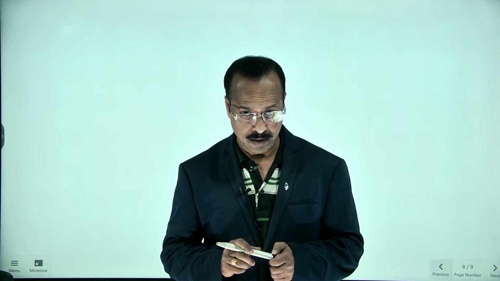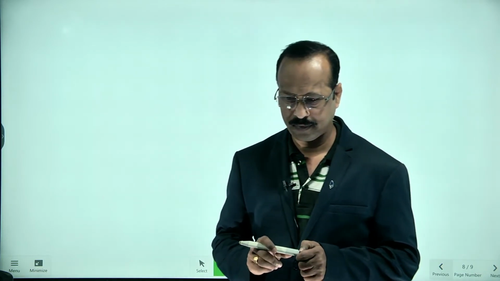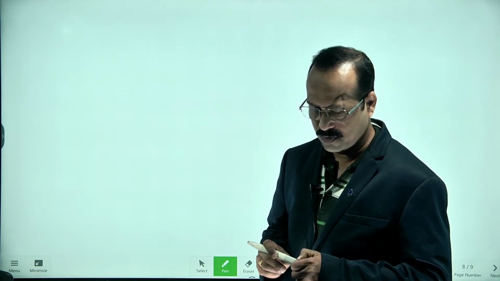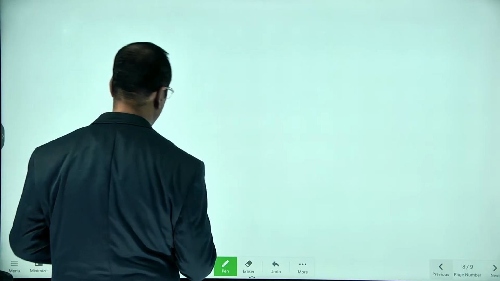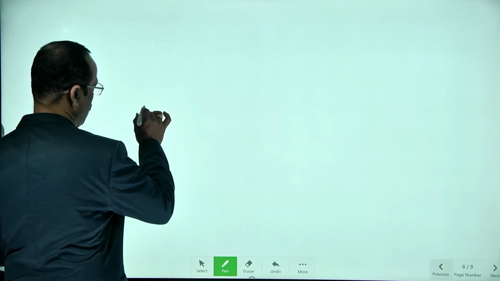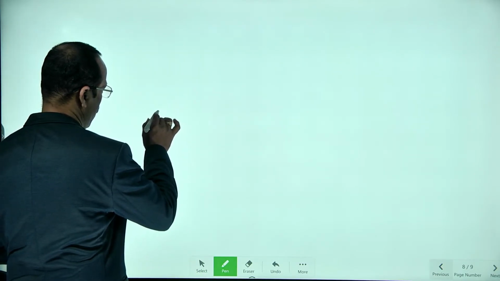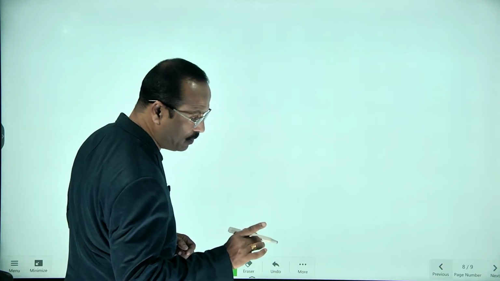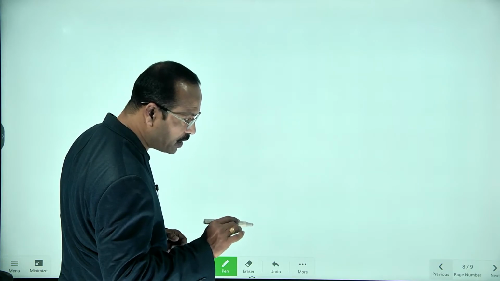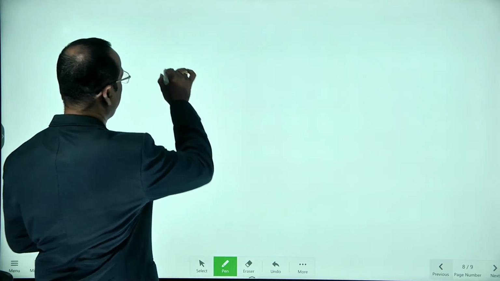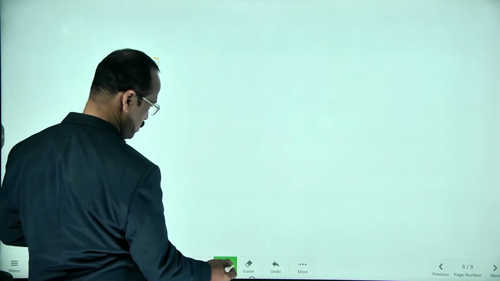Next. Which of the following can take place during a chemical reaction? What are those options? Exchange of heat, change of smell, change of taste, and all of these.